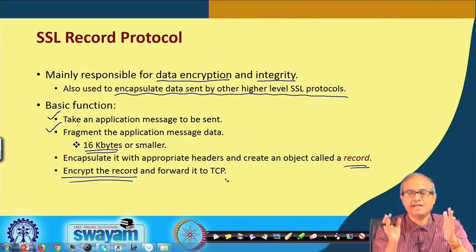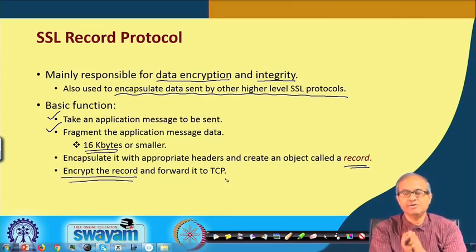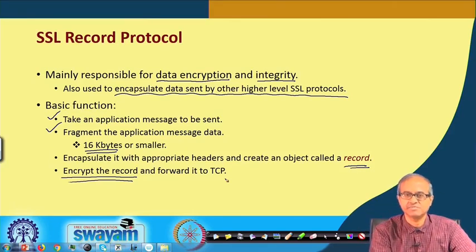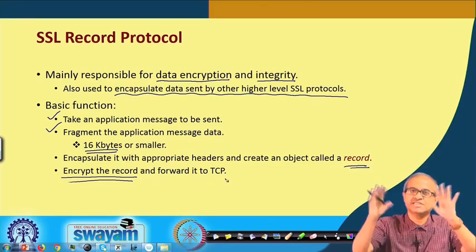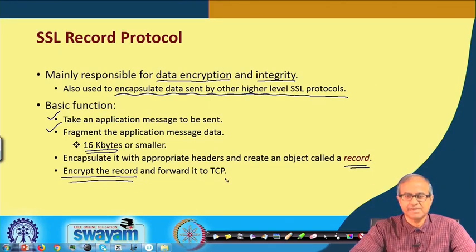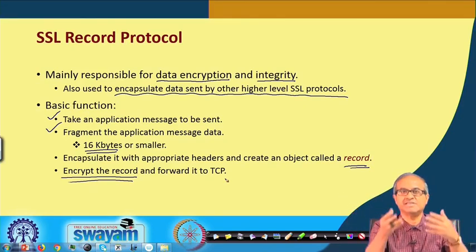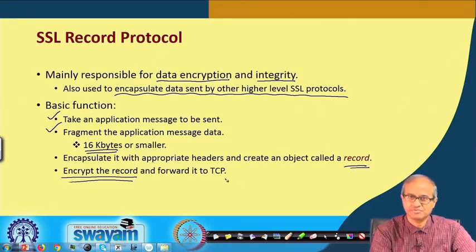The encrypted data is sent to TCP as a message. So, TCP does not know what it is, it is just the encrypted data coming to TCP as a message, which TCP sends to the other side. But before that, all these things happen: breaking up a larger message into smaller 16 kilobyte chunks, encrypting them and so on and so forth. Okay.